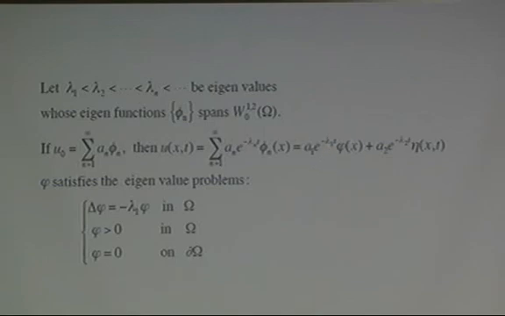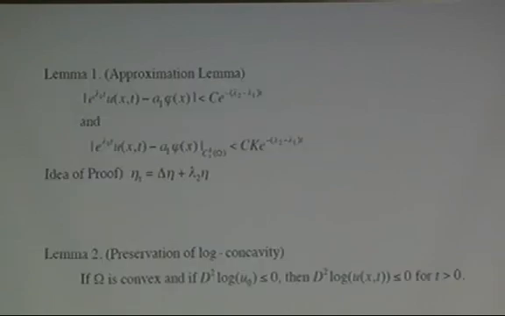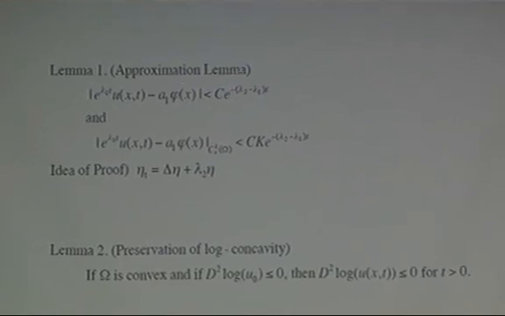So that's a very important approximation. So here is the approximation lemma. Since your solution goes to 0, I will multiply by this exponential function so that your u function has order 1 size, and let it go, then it will converge to the first eigenfunction with this rate.